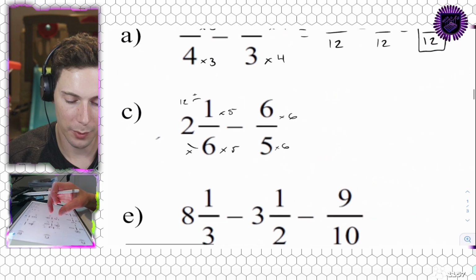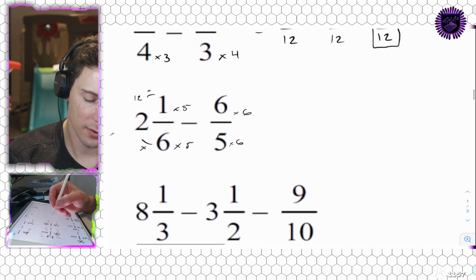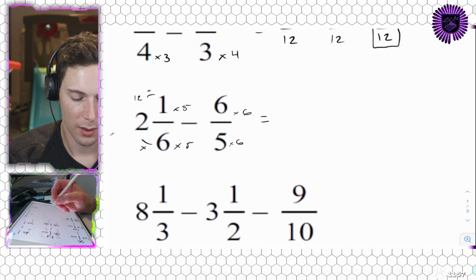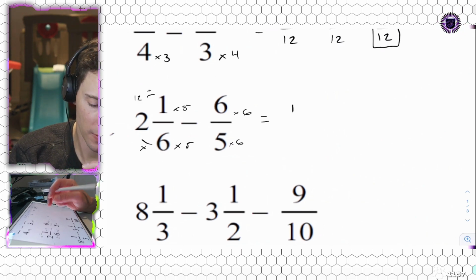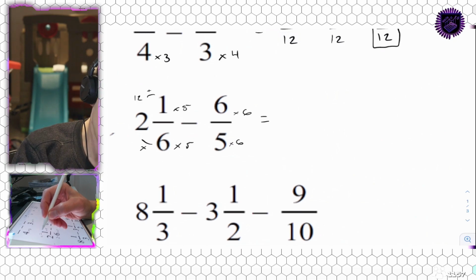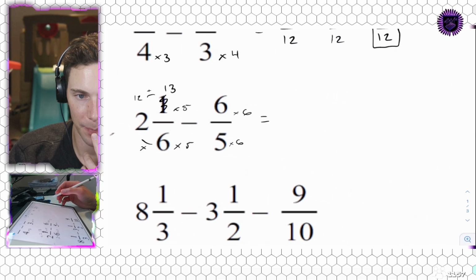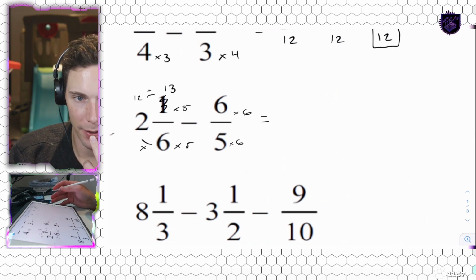Okay, so we'll rewrite this fraction as 13 up here. Let's put that there so we don't forget. 13 times 5 is going to be 45?